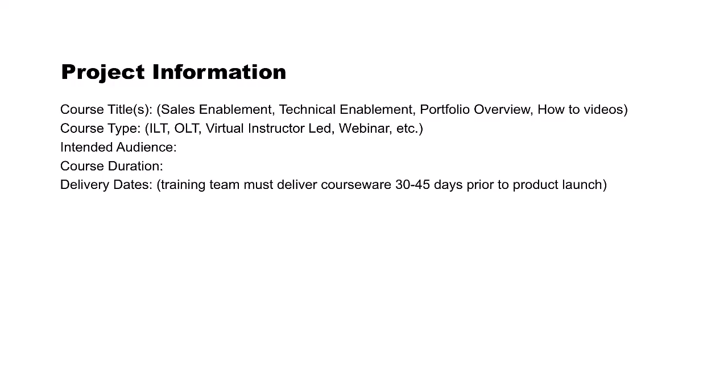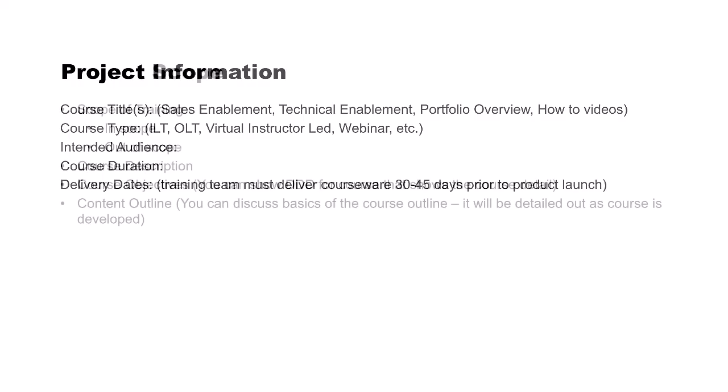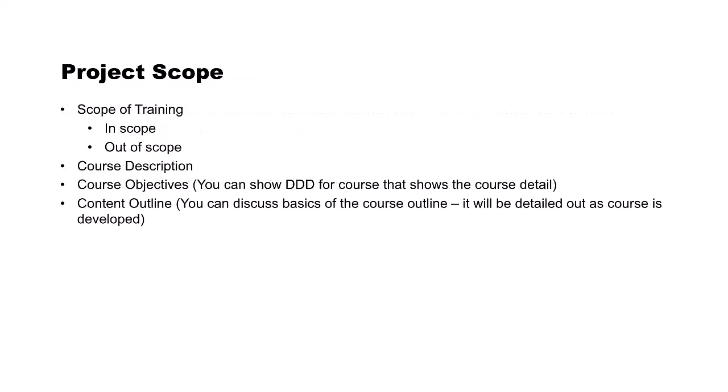Project information. So the next 2 slides, this is where I recommend you just show tab 1 of that detailed design document, because it's asking for everything on these 2 slides. It's actually in tab 1. So I would just recommend that you do it, because you got project information, project scope, and then it also includes roles and responsibilities.